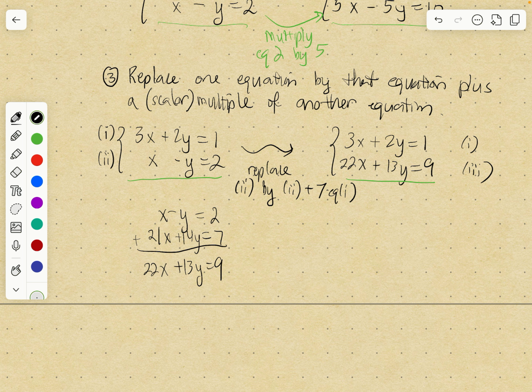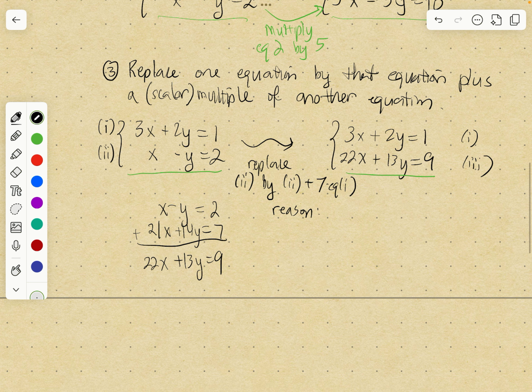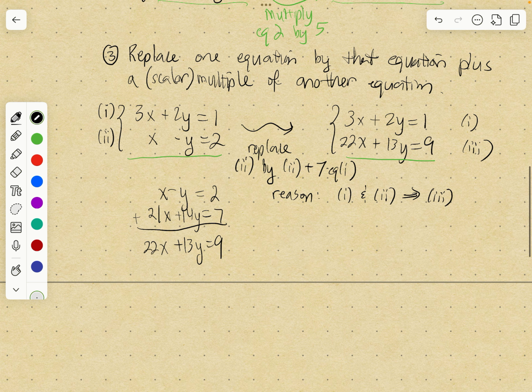But conceptually, the reason why they have the same solution is that, on the one hand, if I have equations 1 and 2, those will imply equation 3. In other words, suppose the x and y satisfy equations 1 and 2. Since I got equation 3 using equations 1 and 2, equation 3 must also hold.